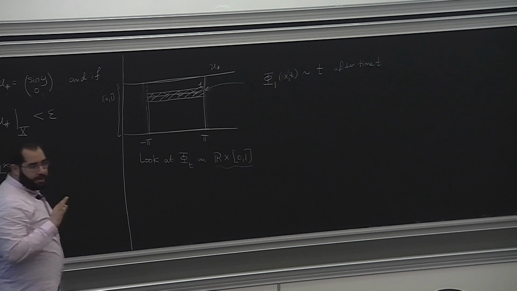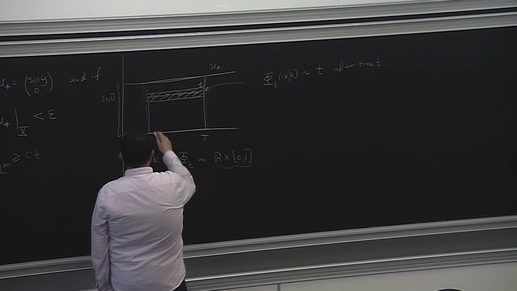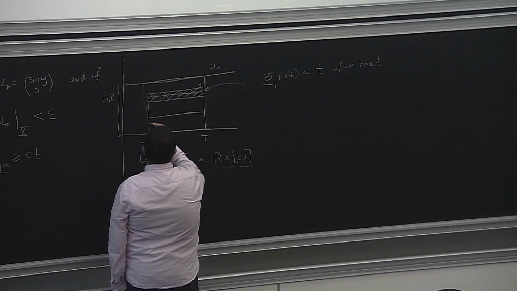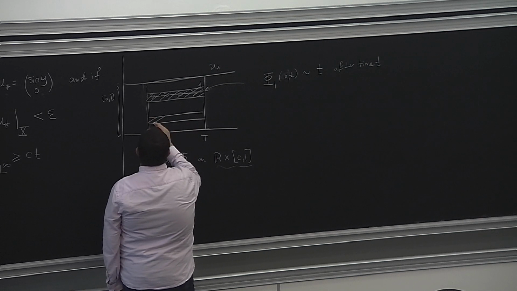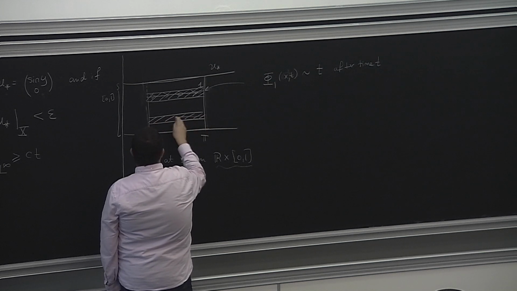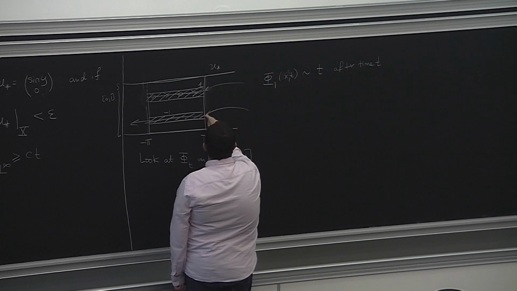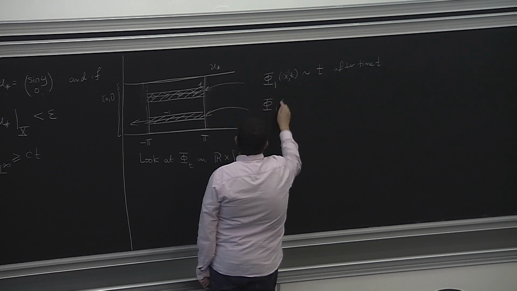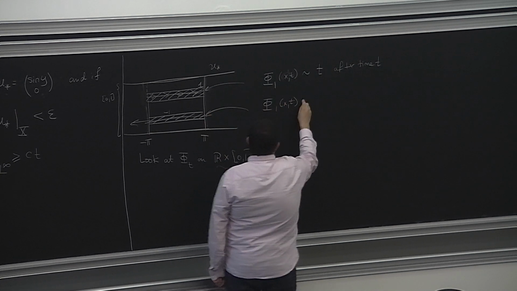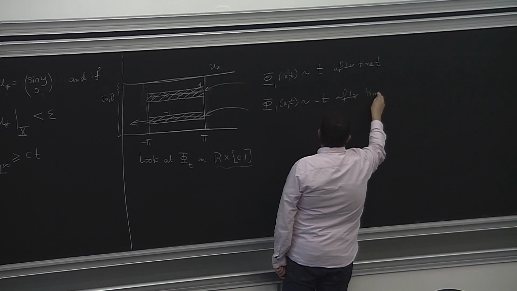Is that okay for everybody? If they're moving at speed 1 and you wait for time t, then they'll have moved by t, right? Similarly, if you look at these guys and they're moving at speed minus 1, then phi 1 of x t will be like minus t after time t.